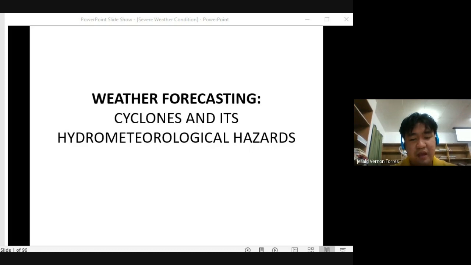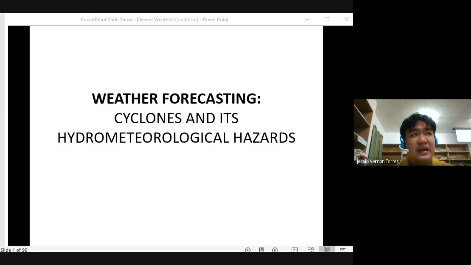This atmosphere hydrosphere interaction can bring us hazards. It can actually bring us hazard, at tinatawag natin hazard na to that is due to atmospheric and hydrosphere interaction as your hydrometeorological hazard.